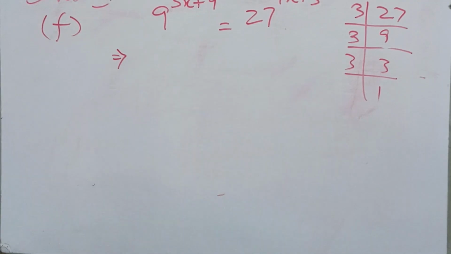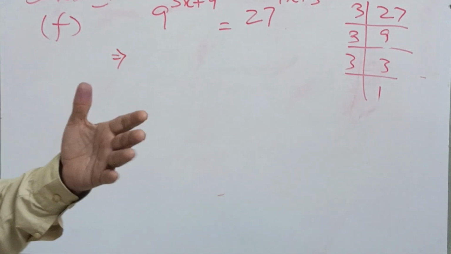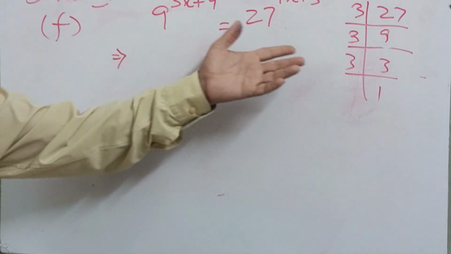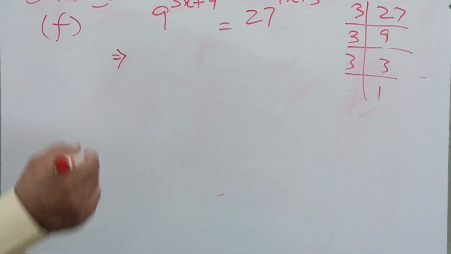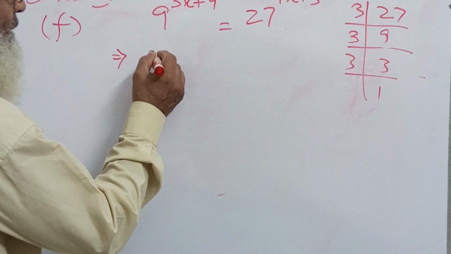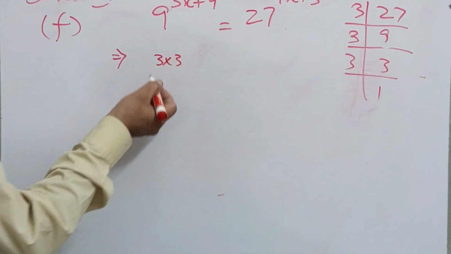Okay, we'll split these into their respective factors. Now what are the factors of 9? 3 multiplied by 3, that is 3 square.